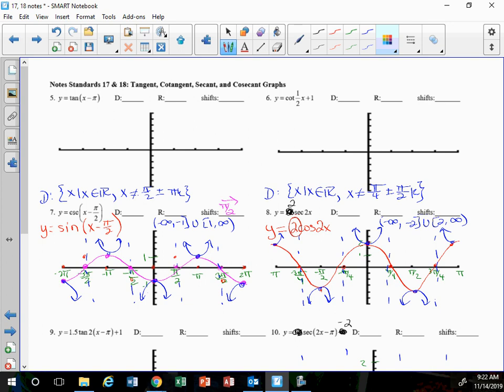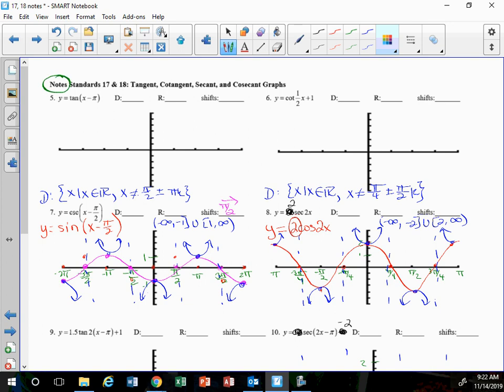I know all the pages look the same. We're all on number 5, y equals tangent of x minus pi. Are you with us, John? John got lost in his pack. You're not alone. Why have so many pages that look the same? I know, they do look very similar. You have to read the headings.